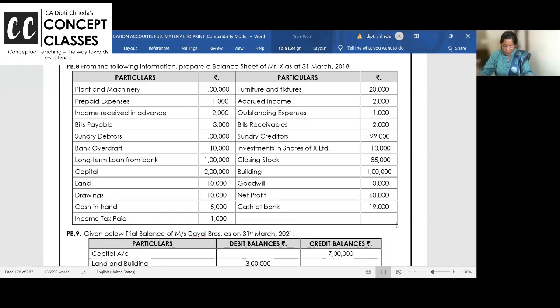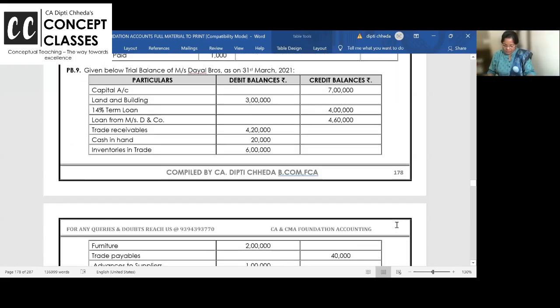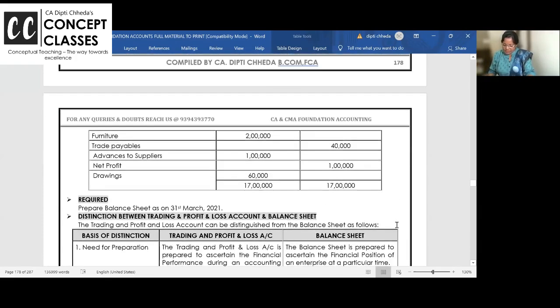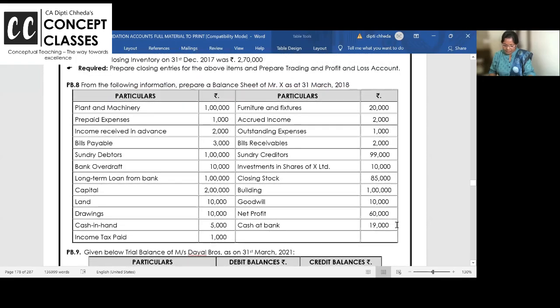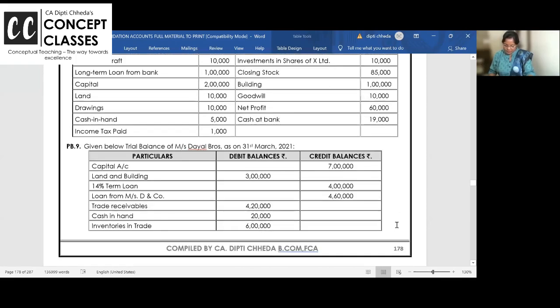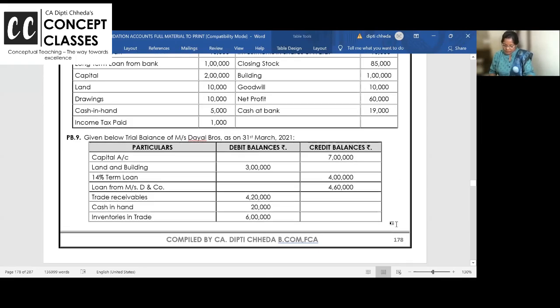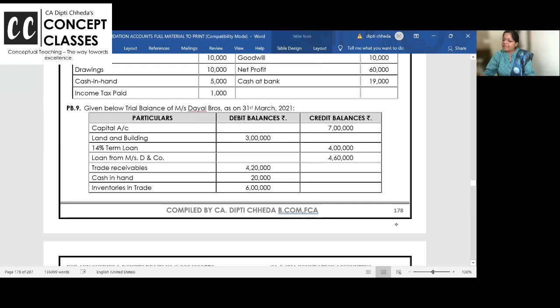Yes, this is one more problem where you are just preparing the balance sheet. You're just preparing the balance sheet and there are no adjustments here. Okay, two more problems I have given. Even here, if you check, one second.